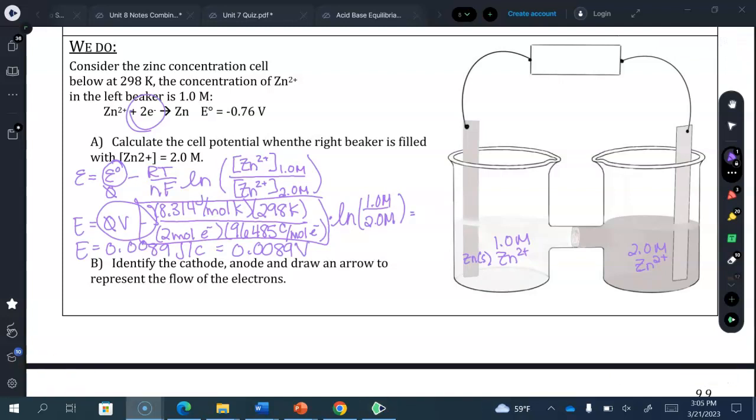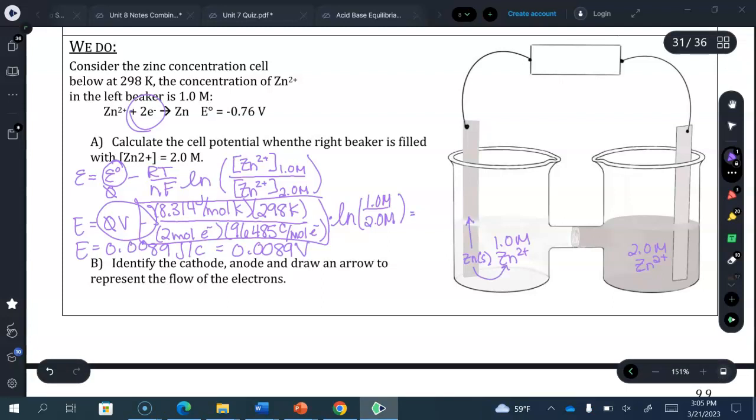Since the concentrations aren't the same, the solid is going to make the ion and send electrons up through the wire. That means that this side is going to take electrons and make zinc solid. Since the solid is losing electrons on this side, it's being oxidized, because a loss of electrons is oxidation, so this is my anode. Then that means that this is my cathode.